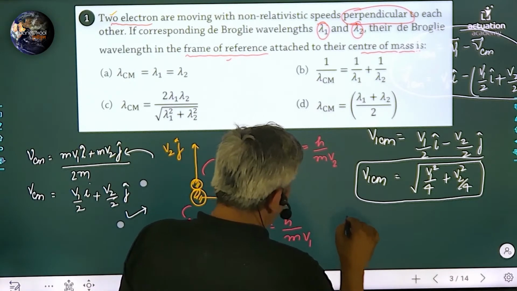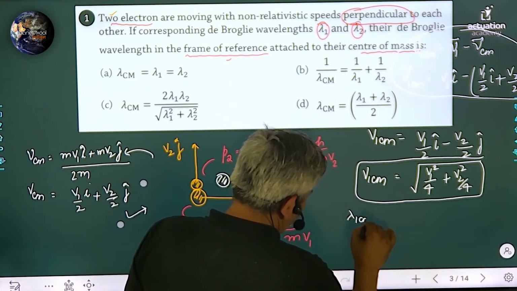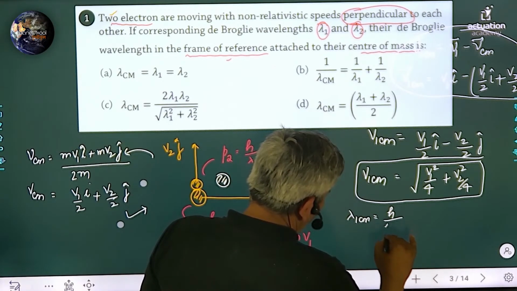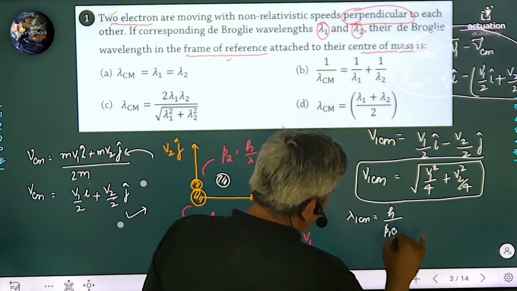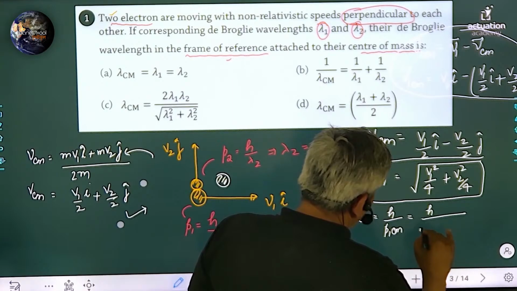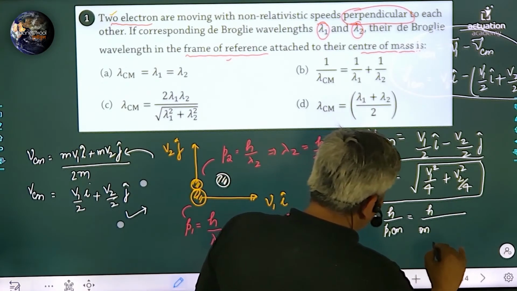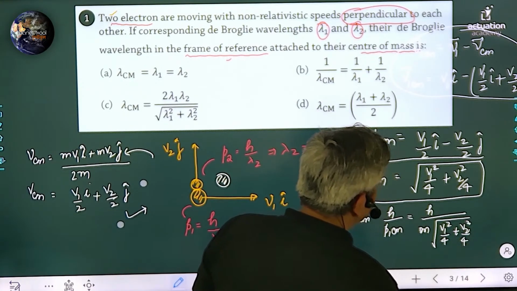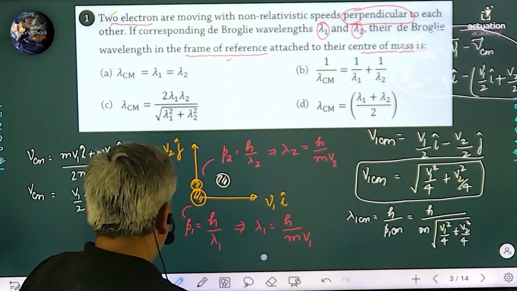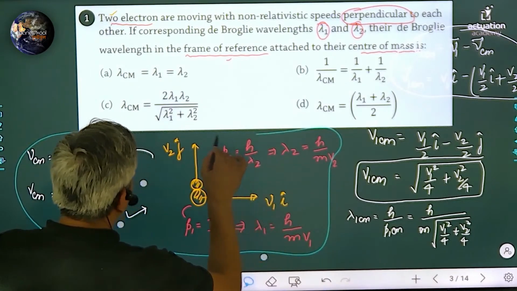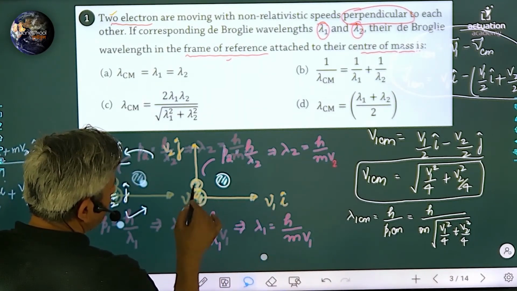So we can write lambda 1 with respect to center of mass as h over the momentum of 1 with respect to center of mass, and that can be written as h over the mass of the electron into the square root of v1 square by 4 plus v2 square by 4. Now let me make a space here.